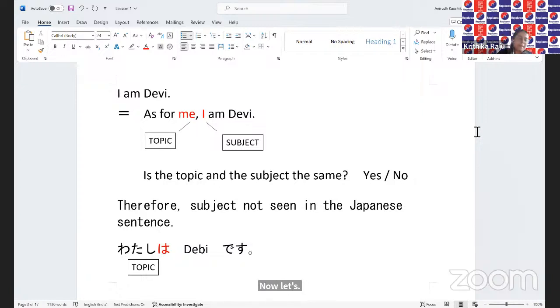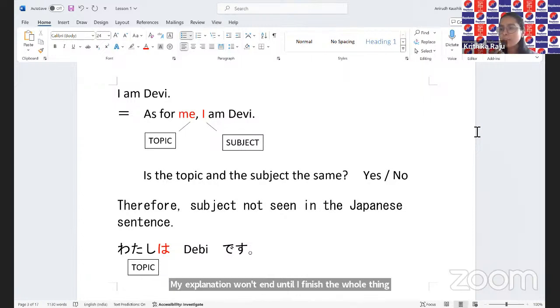Okay. So I am Devi. It's a very basic sentence, right? So when I introduce myself to you all, I say I am Kritika. I'm talking about me. You have this concept of a topic marker in Japanese, which is absent in the languages we learned.